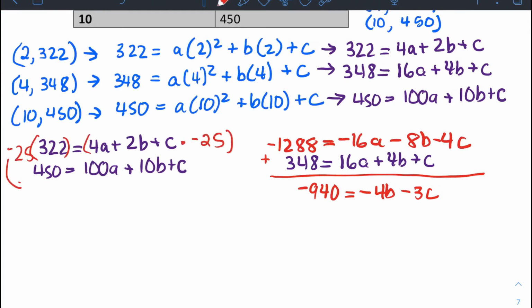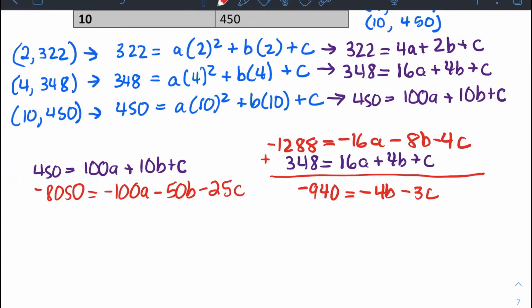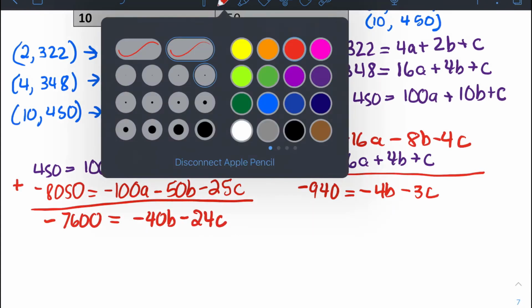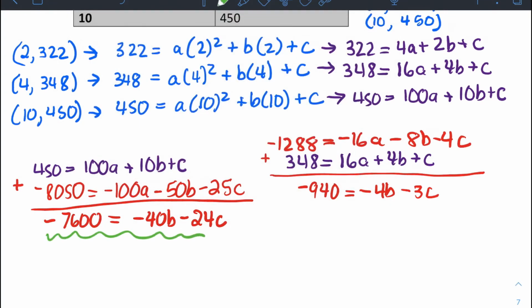Eliminating a requires me to multiply the top one by -25 on both sides, and then I can use that new equation, add it together, and end up with another equation that only has b and c. So just be super careful when you're doing all this, because it's so easy to make a mistake.